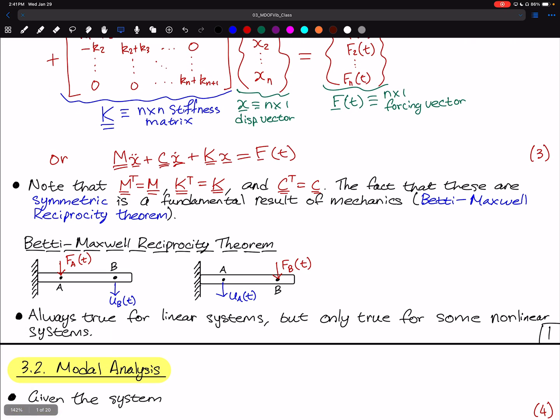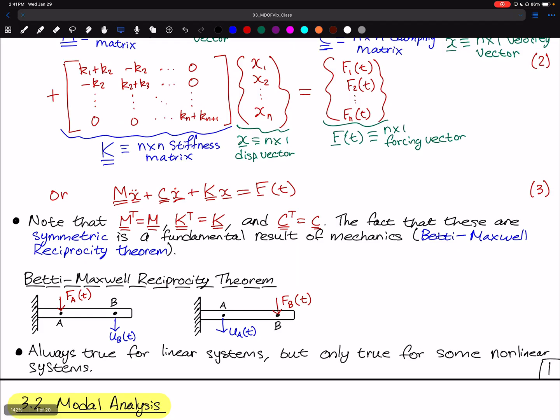Okay, so just to very briefly touch on the Betti-Maxwell reciprocity theorem, in this case I've drawn a beam here, but this is true for any system; we'll talk about when it's not true in a moment. I've drawn a linear cantilever beam here, keyword here being linear. We're going to consider a situation where we apply a force Fa of t here, and then we measure the response at location B. We call that UB of t.